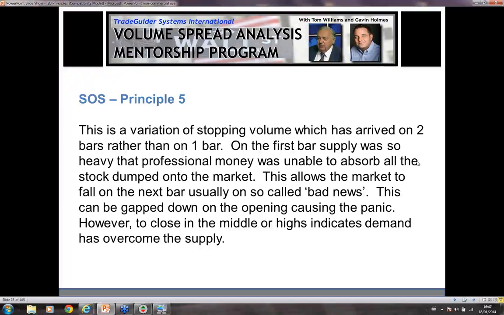Donald's saying, if you're at all-time highs, does this make a difference? Yeah, absorption volume is only relevant and only is absorption if you've got any areas of resistance to the left. If you're at all-time highs, you don't have absorption because there's nothing to absorb, Donald. Good question. There's no such thing as absorption volume when you're in a bull market and in a strong uptrend at all-time highs.